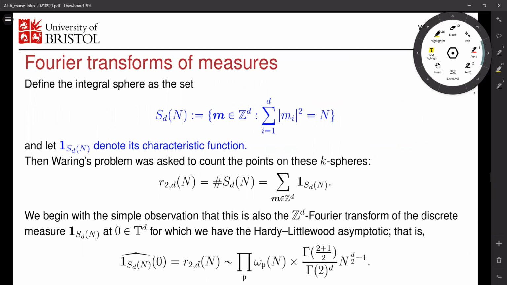If I define my discrete sphere as just the integer points that represent n, and then I take the characteristic function of that set, this is a discrete surface measure. Now Waring's problem said, okay, just tell me what is the volume of this sphere.